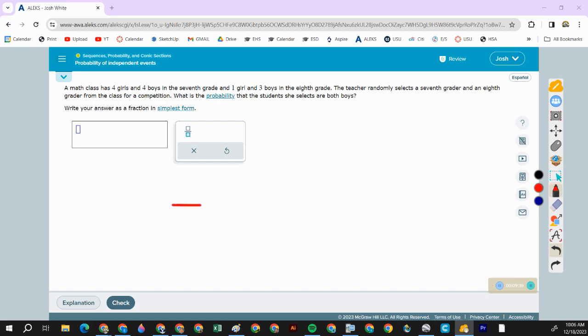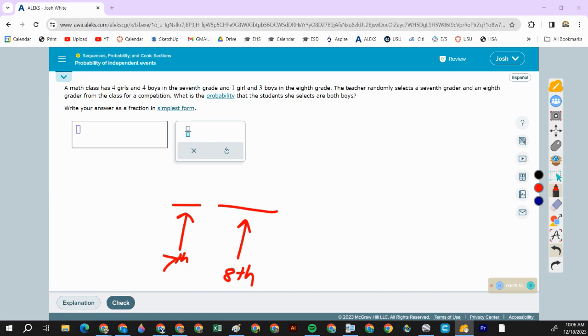So we have 2 spots. What is the probability? So this is going to be a 7th grader, and this is going to be an 8th grader. So the class has 4 girls and 4 boys in 7th grade, 1 girl and 3 boys in 8th grade.